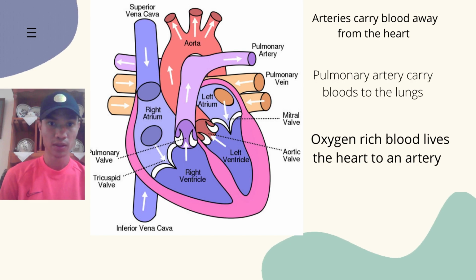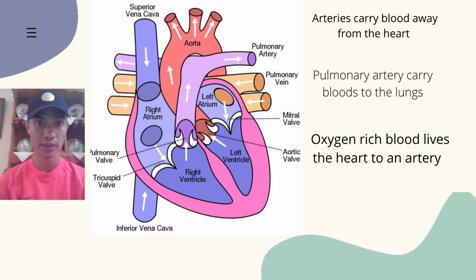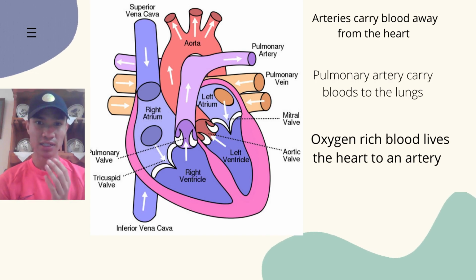The function of the right ventricle is to pump blood to the lungs, and the right atrium, as I mentioned in the previous slide. I told you that the atrium and ventricle functions are opposite, actually.